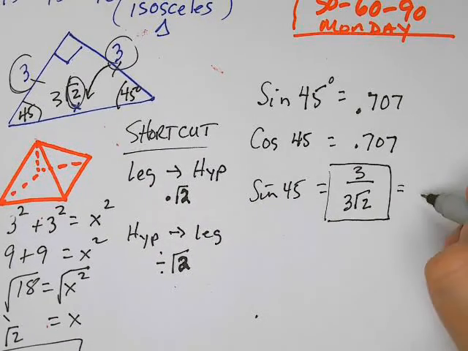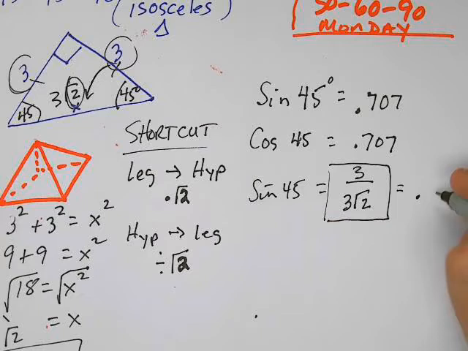With your calculator, what do you get? 1.5. You should get the exact same thing. So redo it. Make sure you got everything right with parentheses.